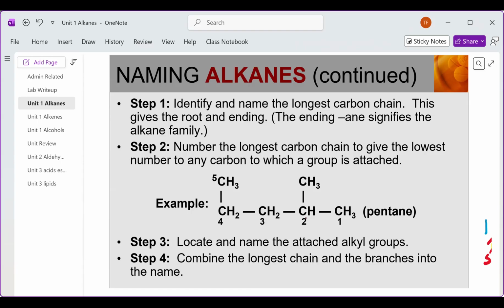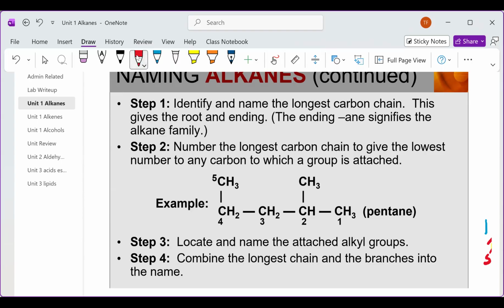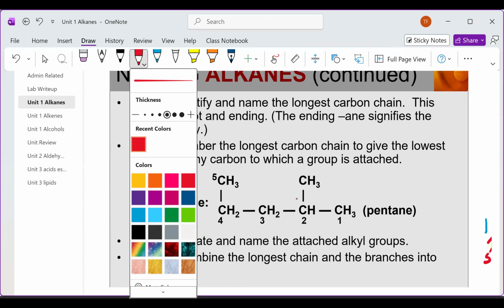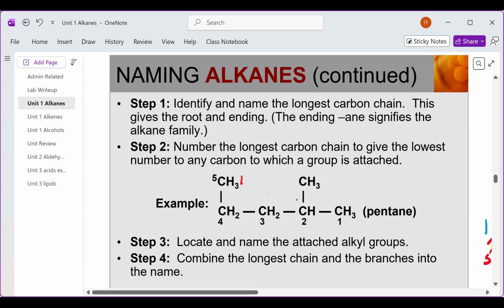That means you can start numbering from the left or the right. So I'm going to number in black here, starting on the right, and I'm going to do it in red from the left. So this is carbon 1, 2, 3, 4, 5.